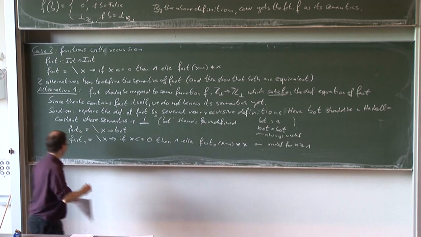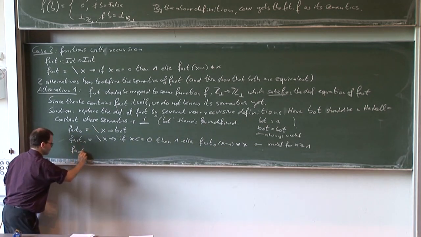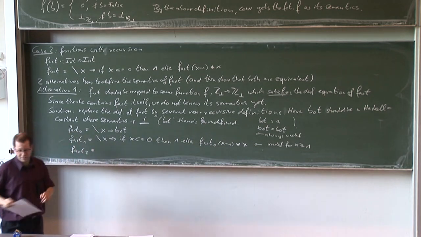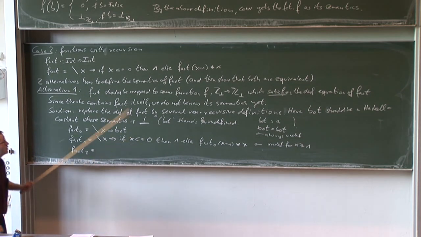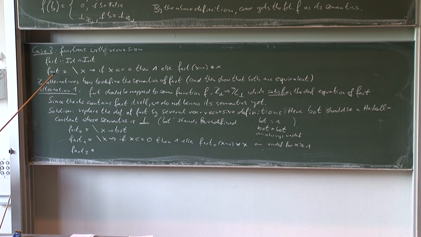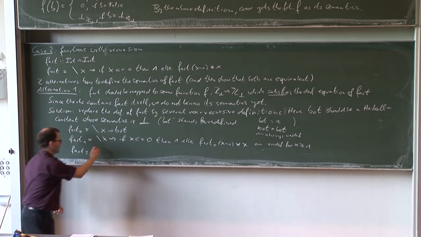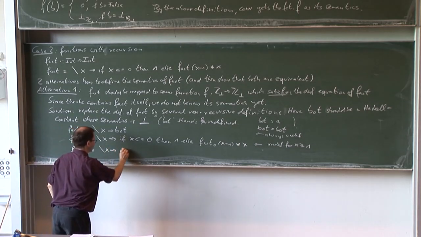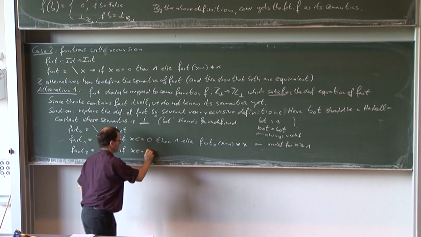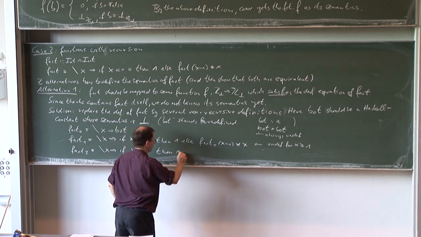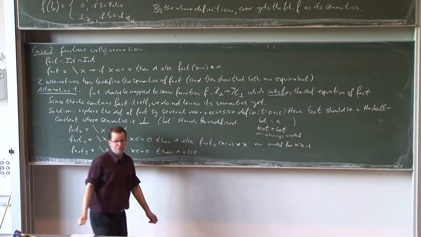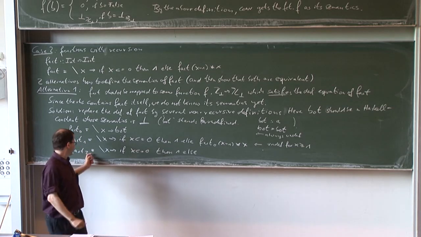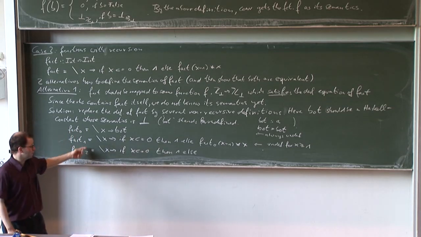Now, fact2 again looks almost like the factorial function, but I don't want it to be a recursive definition. So fact2 will not call fact2, but fact2 will call fact1. So again, I copy the definition of factorial, then 1 else, but now the recursive call is not fact2, I call fact1.